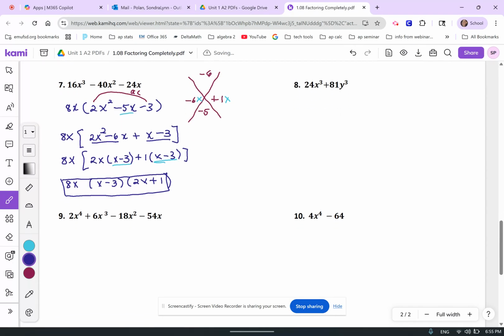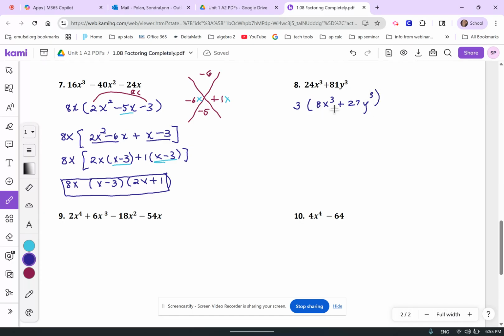Remember, first thing you do is look for anything in common. There are no variables in common, but 3 is in common to both. So I'm going to factor out the 3, and I'm going to get 8x cubed plus 27y cubed. Well, that's a binomial now.